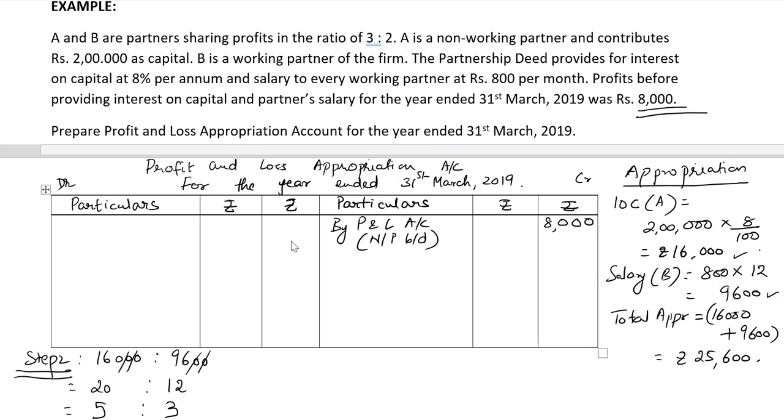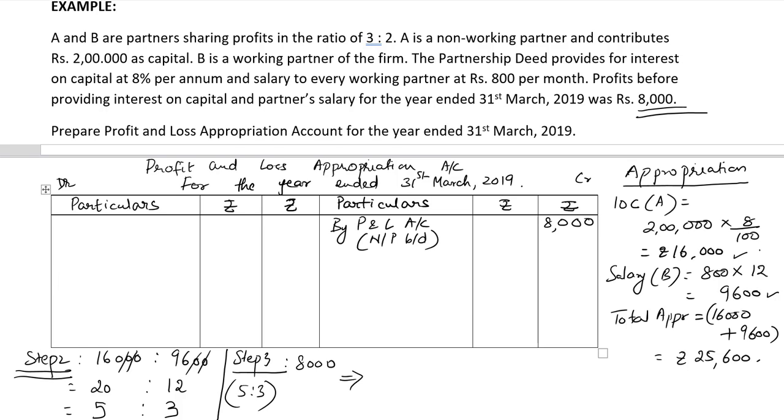Therefore, we get that the ratio of the appropriation to be made is 5 is to 3, which is, in other words, 16,000 is to 9,600 has been brought down to 5 is to 3. Now, the third step is to divide the available profits, which is 8,000, in the ratio of the appropriation which has to be made, that is 5 is to 3.